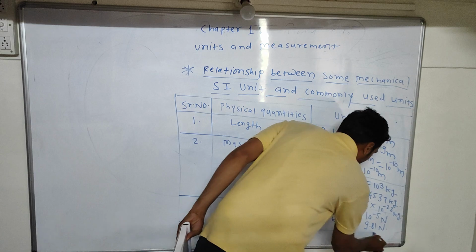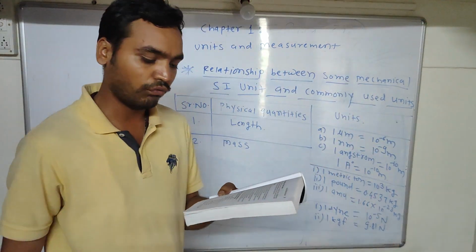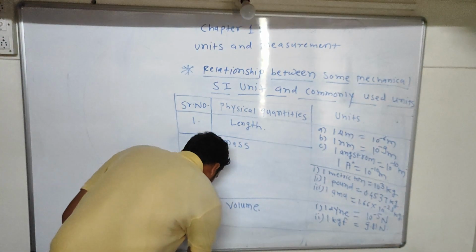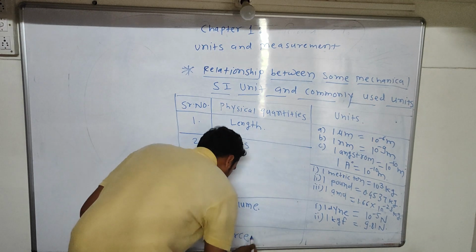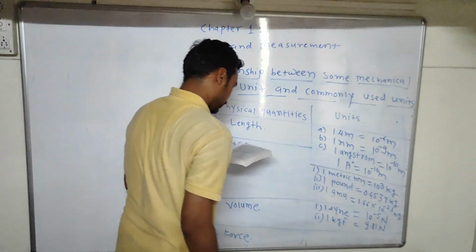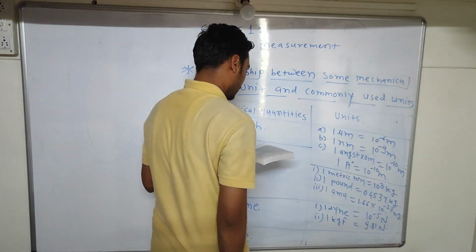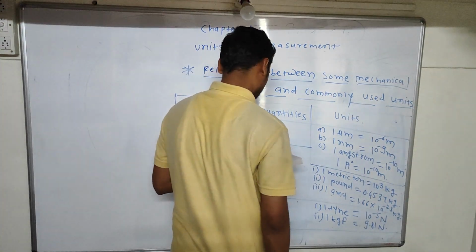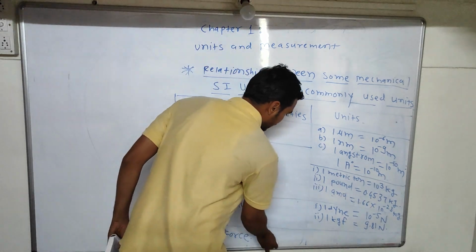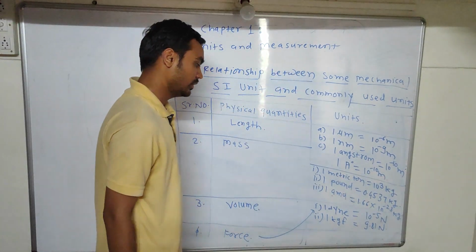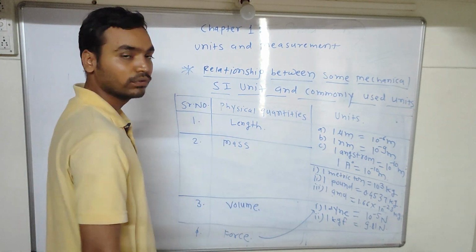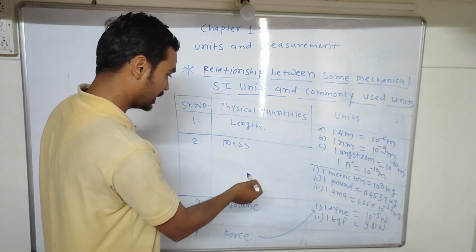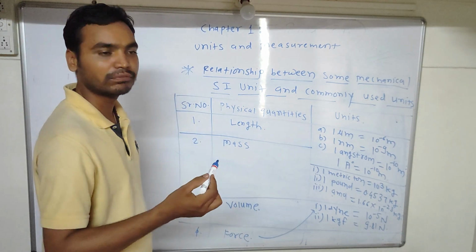The fourth physical quantity is force. Listen, here the force unit is dyne, right? Then 1 dyne is equal to 10 raised to minus 5 Newton. Newton is also the unit of force. Then 1 kgf is equal to 9.81 Newton.